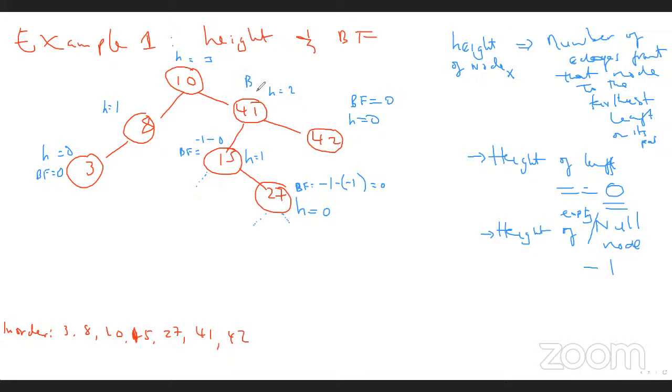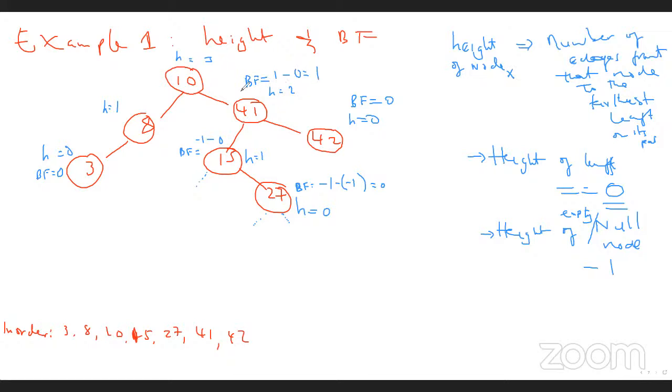What is the balance factor at 41? That means the height at 15 minus the height at 42. The height at 15 is 1 minus the height at 42, which is 0. So the answer is 1. So the balance factor at 41 is 1. You see that? It's coming up together?